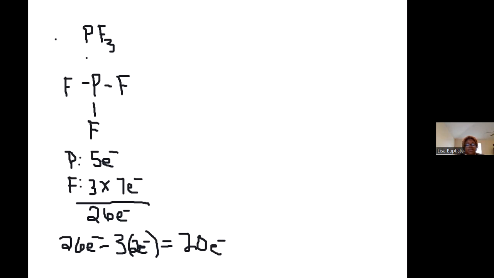Okay. So the next thing we want to do is we want to make sure that fluorine has its 6 electrons around it, just like we did for oxygen in the previous 2 examples. We do the same thing for fluorine. Okay, when we do that, we've used up 18 electrons.